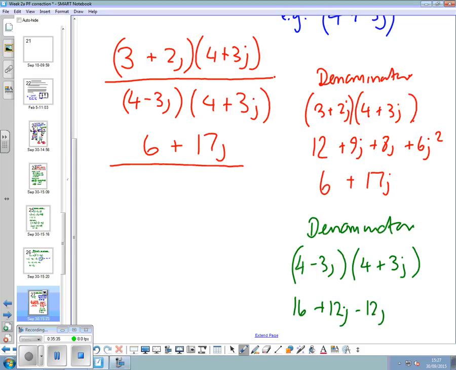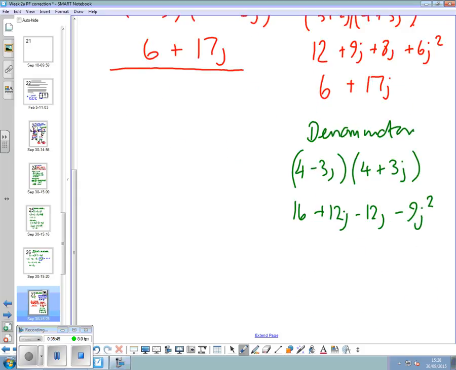And then minus 3j times 3j is minus 9j squared. So these two j terms cancel each other out.